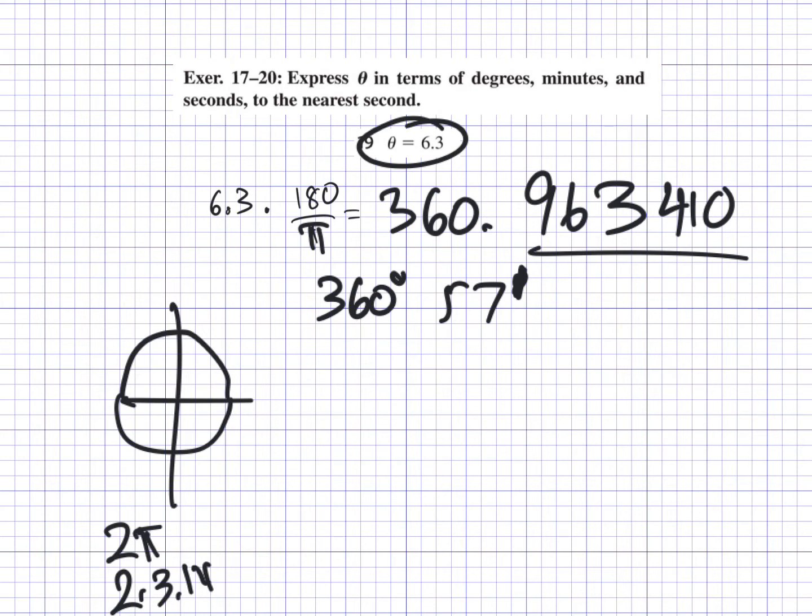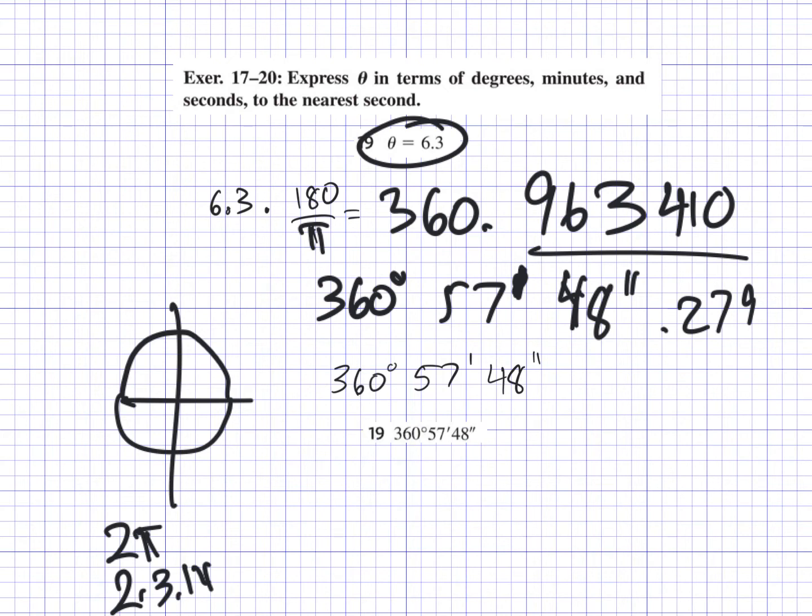So take the 0.804 times 60 to get your seconds, and that's 48 seconds. And there's a decimal of 0.279. So now our answer is 360 degrees, 57 minutes, 48 seconds. And that's the answer they have in the back of the book.